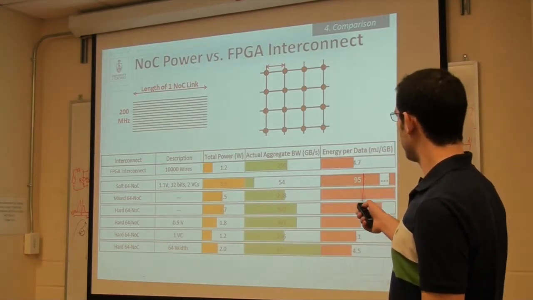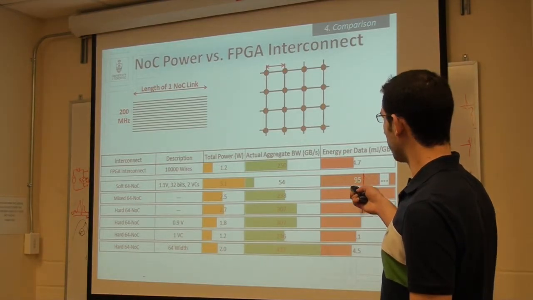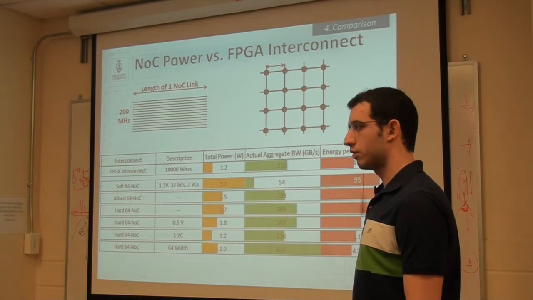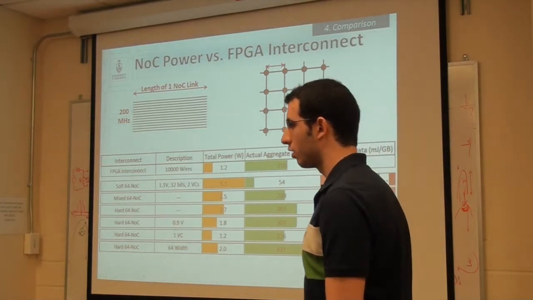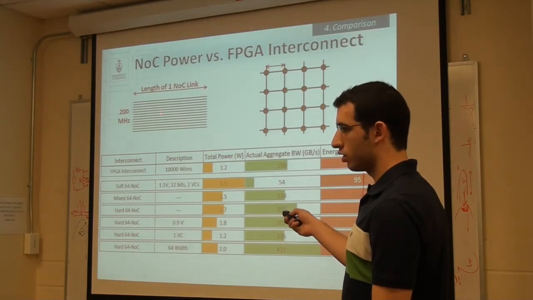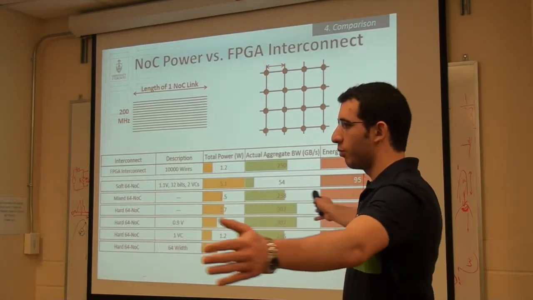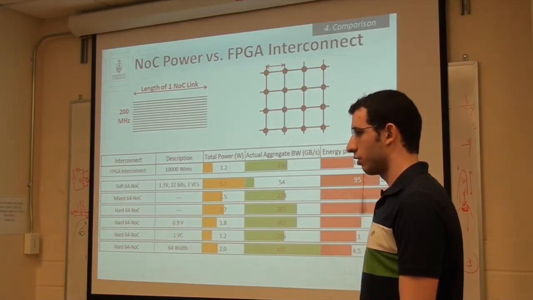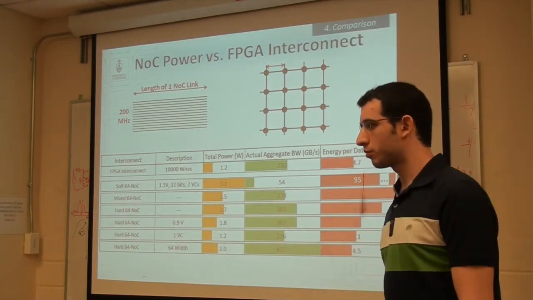So here you have 64 wires going in this direction, 64 wires going in the other. Well, this is for an entire network. When I see length of one NOC link, I think just one NOC link, not the whole network. So it's not one segment you're comparing, it's the whole thing. So, all right, my next series of questions is about latency.